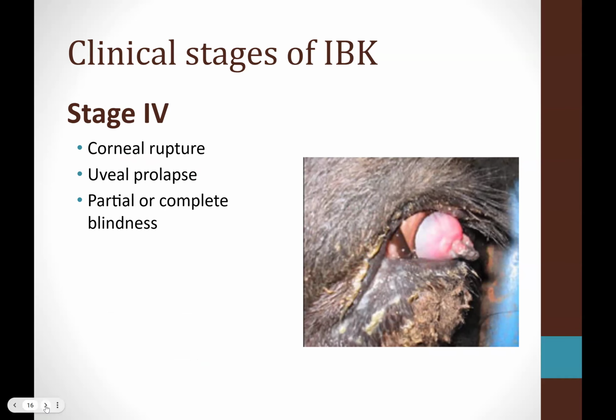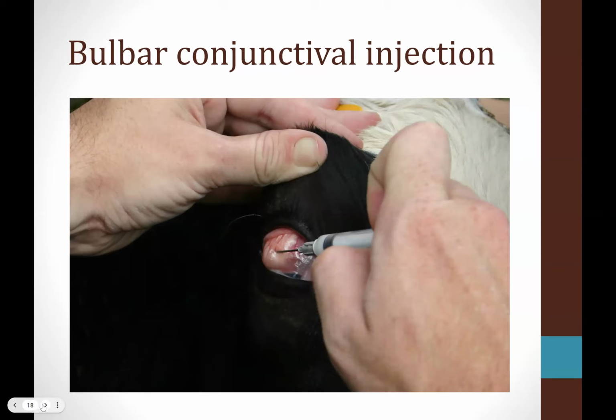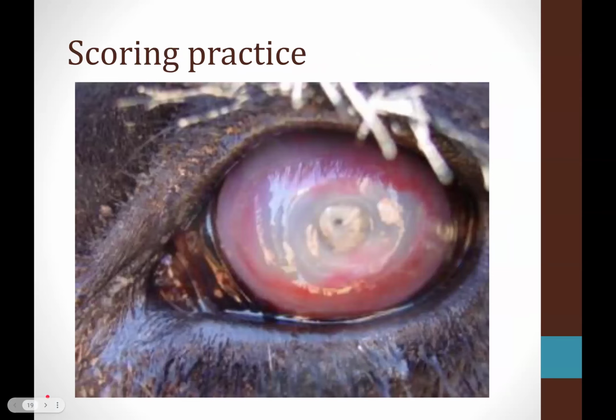So that's stage 4. This is how a bulbar conjunctival injection is performed. So it's on the lateral side of the eye, no? And this provides local injection of the antibiotic to the eye.